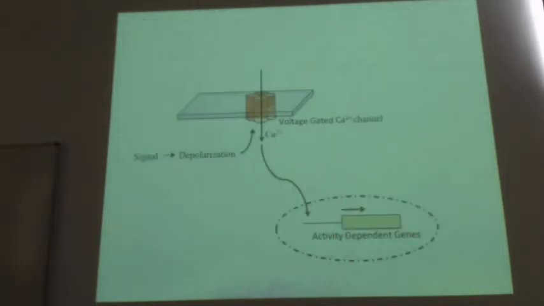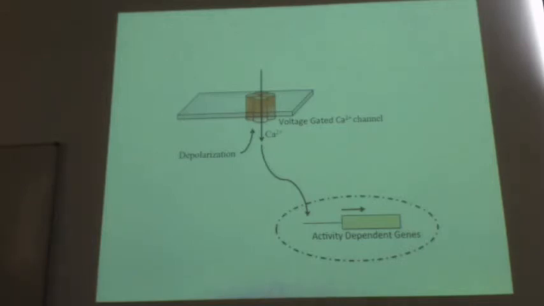When I'm talking about activity-dependent genes, it's very simple: you have a signal that causes depolarization of the neuron, and as a result you have activation of voltage-gated calcium channels and influx of calcium into the neuron. These trigger certain signaling cascades, which lead to the activation of new genes, which are called activity-dependent genes.